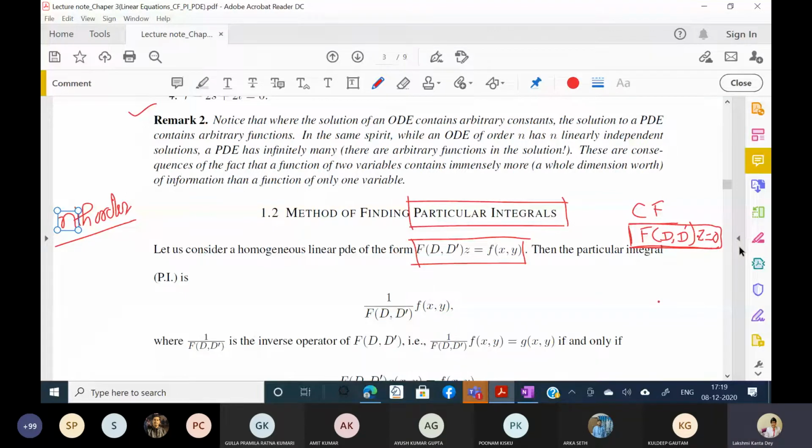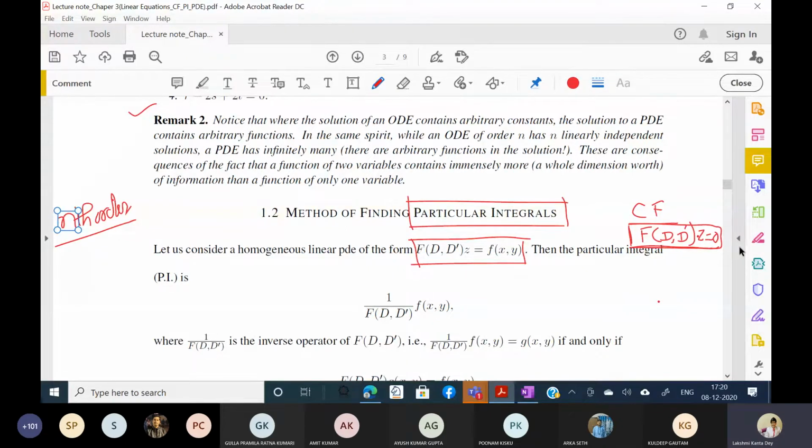Now I would like to give one remark. In the case of an ordinary differential equation, the solution contains arbitrary constants, but in the case of a partial differential equation, it contains arbitrary functions. What difference does it make?